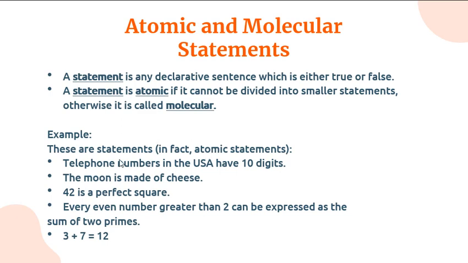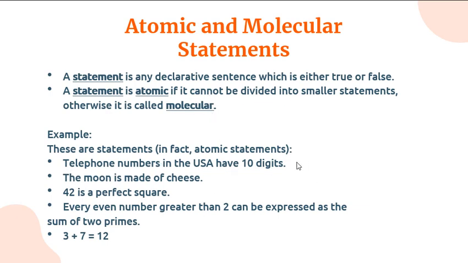So examples here are statements that are called atomic statements. First, telephone numbers in the USA have 10 digits. Statements that cannot be divided into smaller statements are atomic.